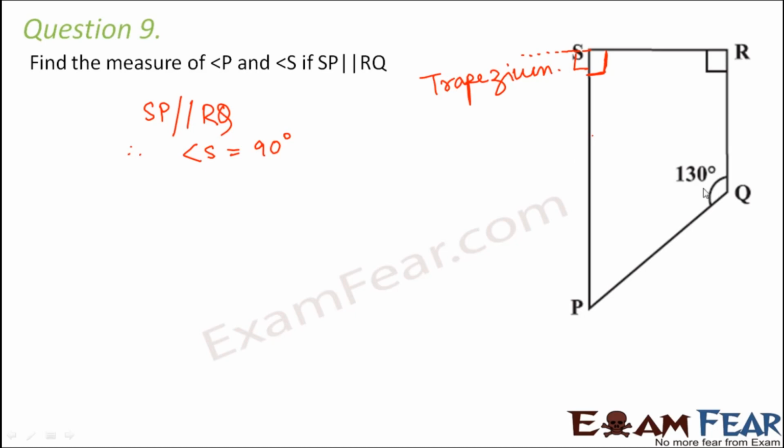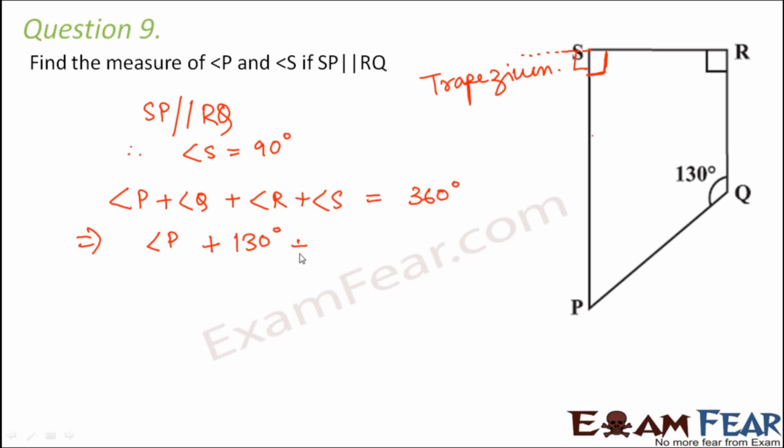Now we know that the sum of the four interior angles in a quadrilateral is equal to 360 degrees. So we can say angle P plus angle Q plus angle R plus angle S, all the interior angles, their sum would be 360 degrees. P is not known, Q is 130, R is 90, S is also 90.